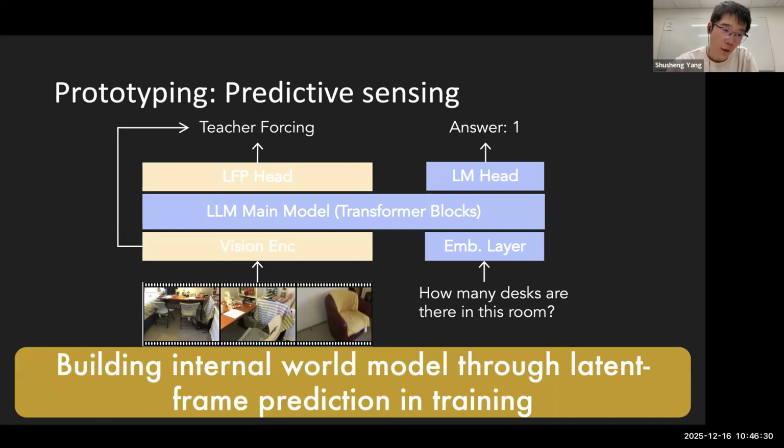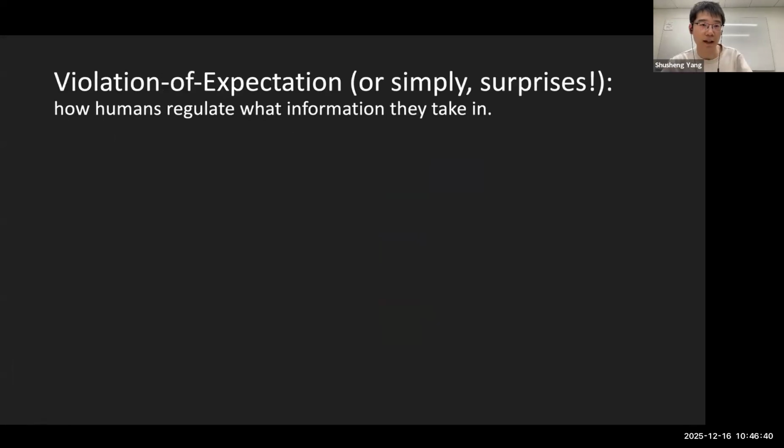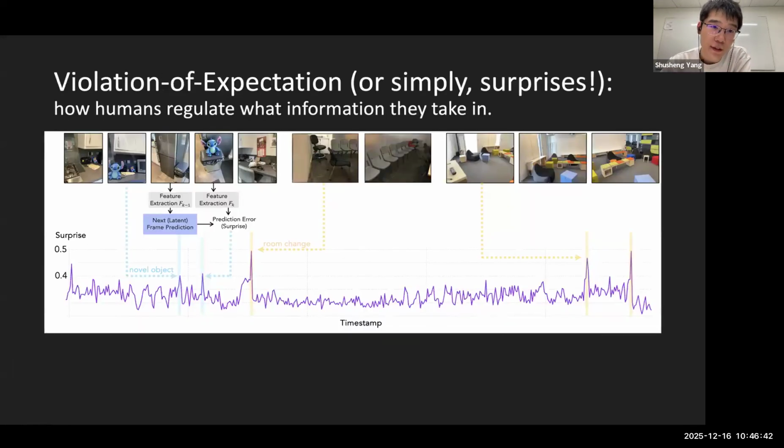In this way, we want to build the internal world model through such next frame prediction training. And in inference, we use this violation of expectation, or simply we can call it surprise, as guidance on how to allocate our computation or storage.